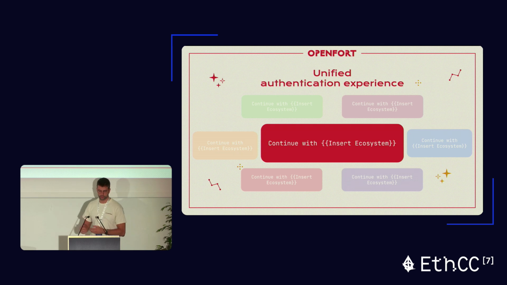The first one is the unified authentication experience. So far we've come across a lot of continue with your wallet, sign in with your wallet, connect your wallet, etc. But most of these ecosystems actually want to have a more direct relationship with those players. And the way that they do that is, one, with branding, but also through the initial point of onboarding a user.